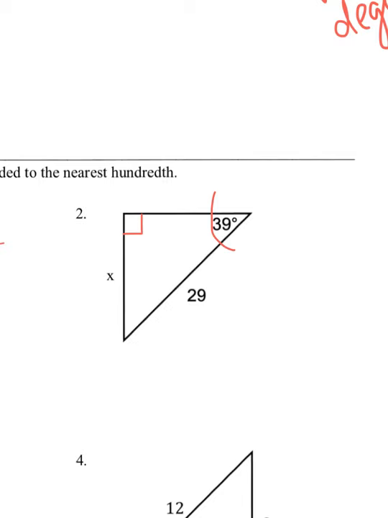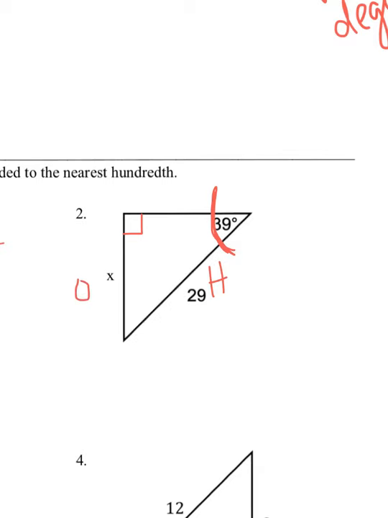Depending upon which one you want to start with, but if I look at the 29, it is across from the right angle, is opposite the right angle. So that's going to be your hypotenuse. x is across from this highlighted 39 degree. So this is going to be your opposite.